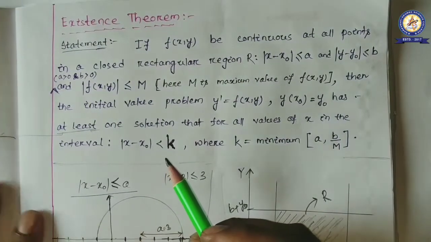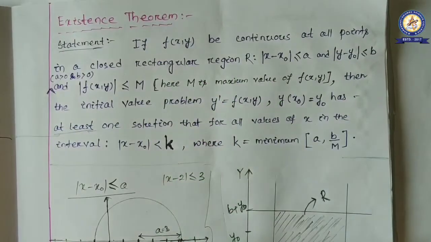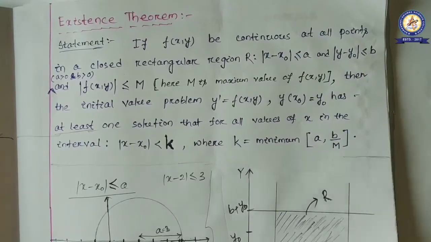First of all I am going to tell you that the proof of this theorem is not inside your syllabus, only the theorem we have to use, and we are going to solve some numericals.